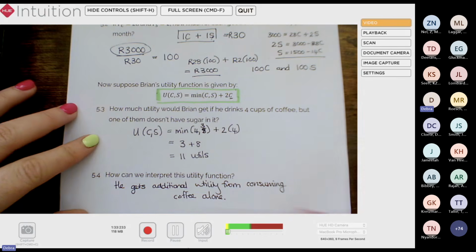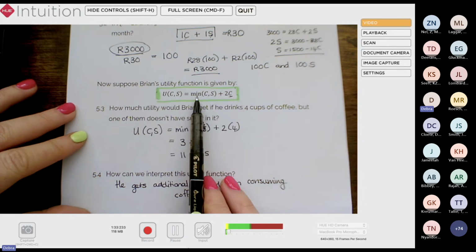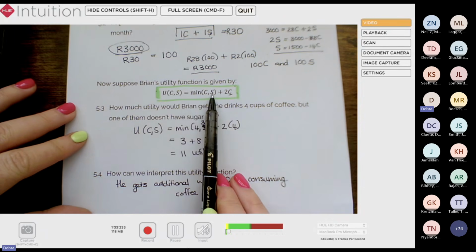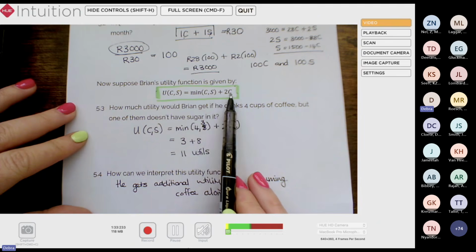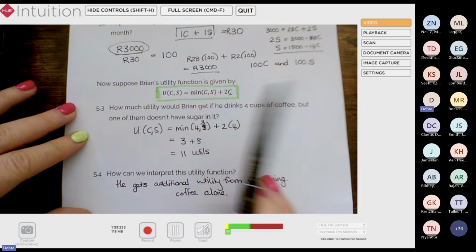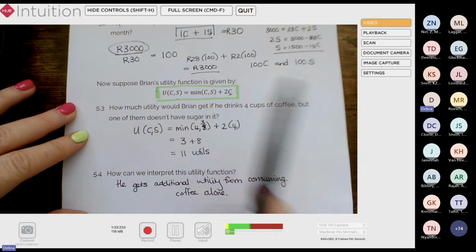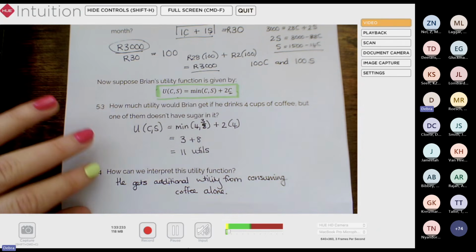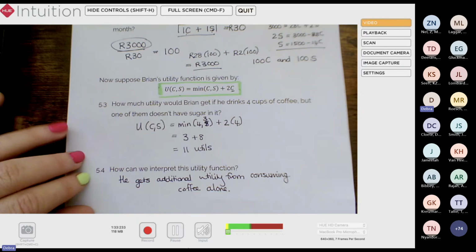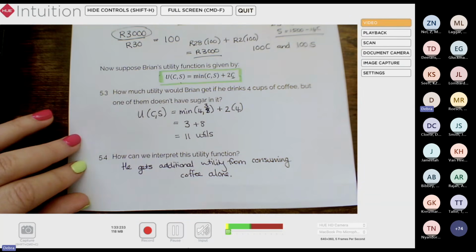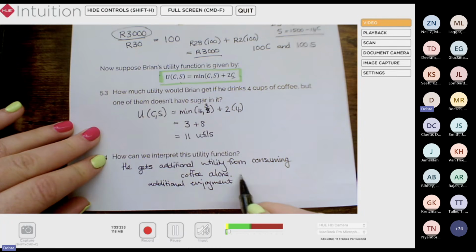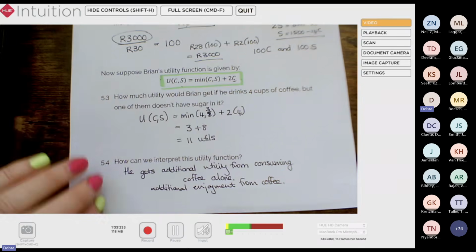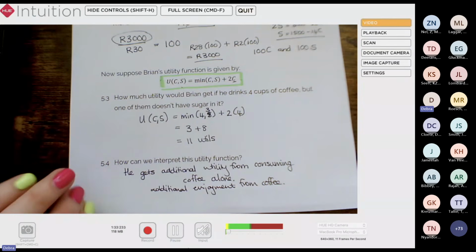Well, he would get min 1, 0, so 0, plus 2 times 1, which is 2. So that tells me that he gets some utility even without sugar. So he gets additional enjoyment. It's just the same way of saying the same thing. So he gets additional enjoyment from coffee that is separate from sugar. Okay.